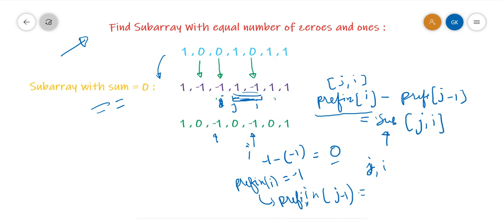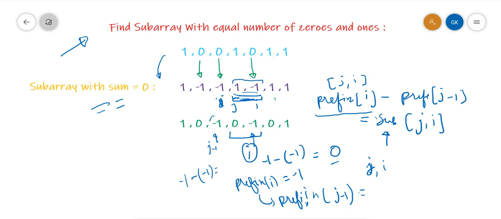So we are at I, and prefix of I was -1, and we found that there exists a j minus 1 having the same prefix value -1. That means there exists a subarray from j to I which is having sum 0 in the original array.